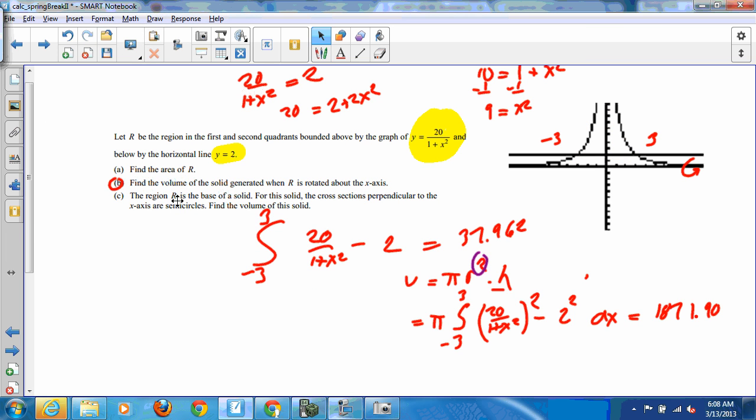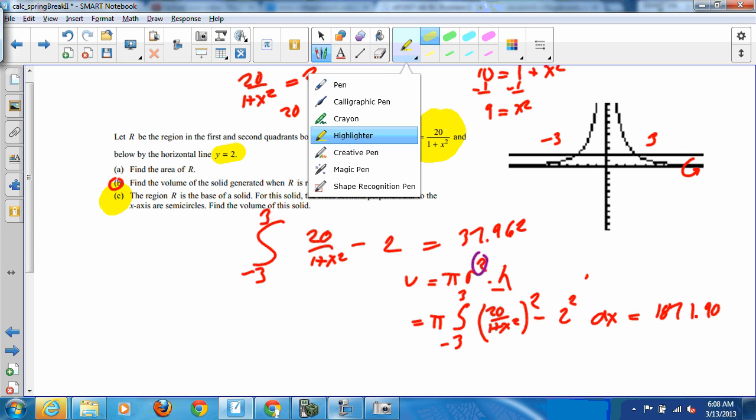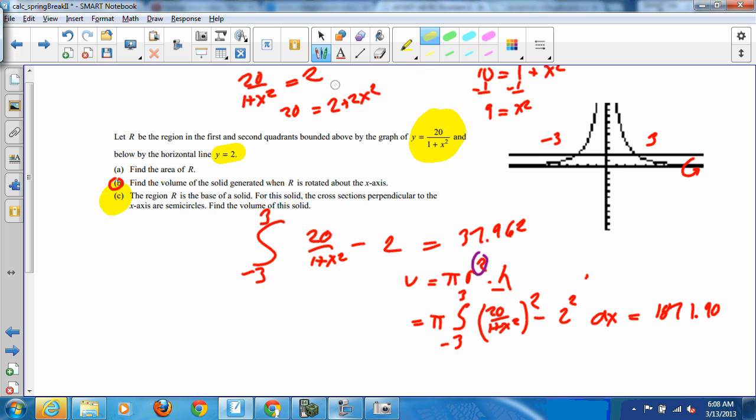Okay, let's go on to part C. Part C says that we are looking for the region as a solid of cross sections that are semicircles, perpendicular to the x-axis. I don't know if I can really draw these very well. Let's give it a shot.